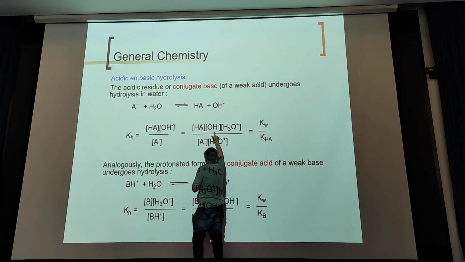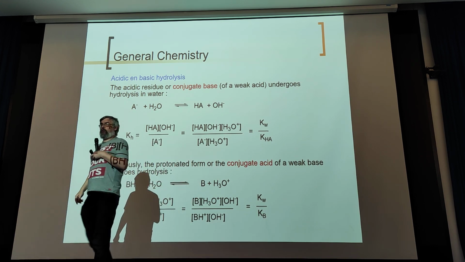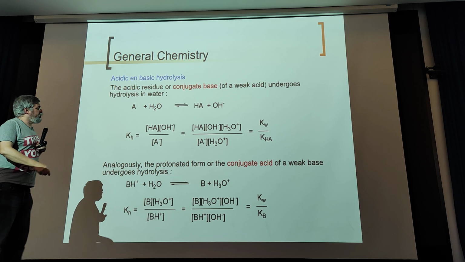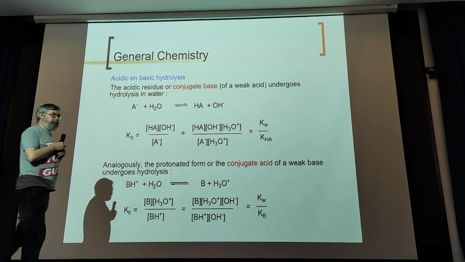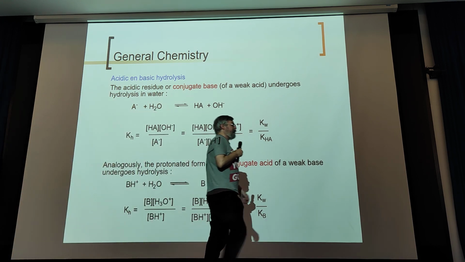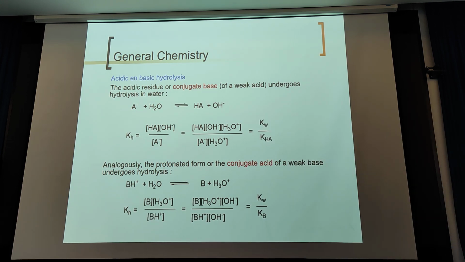OH- and H3O+ combined is K_W, the auto-ionization of water. So we can take the ratio of the auto-ionization equilibrium constant and K_HA and calculate the hydrolysis constant. This is why we don't need to have values in the table. We can actually calculate them. This is another application of the combination of reactions. It's actually reaction 2 minus reaction 1.